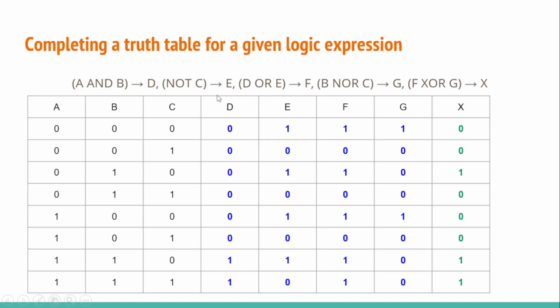E is NOT C, and of course the rule of NOT gate states that the output becomes the reverse of the input. In that case, 0 becomes 1 and 1 becomes 0, and vice versa.